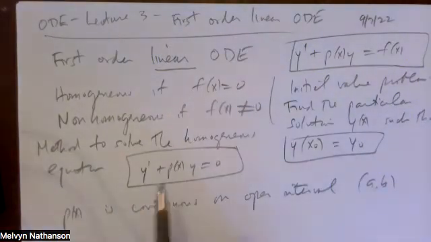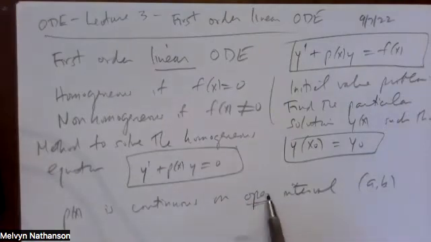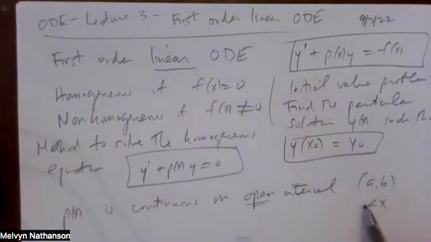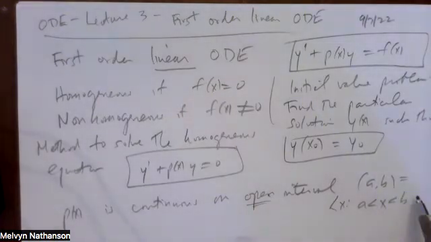So you're given a function p of x, which is continuous on an open interval. Open means this is the set of points x where x is strictly greater than a and strictly less than b. So this open interval is the set of all x which satisfy the strict inequality.